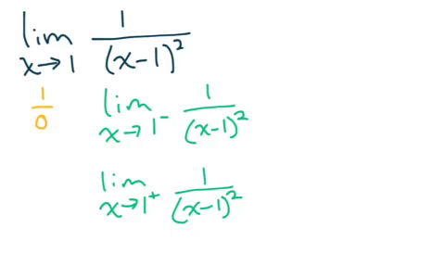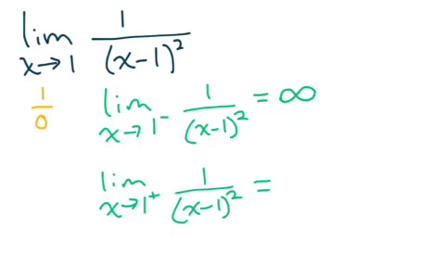And in this case, if we think about a number to the left of 1, when we plug that in, let's say we just go with 1/2 for now. 1/2 minus 1 is negative 1/2, but when we square that, that becomes positive 1/4, and we would get 4. So since (x minus 1) squared will always be positive no matter what, we could say that the limit from the left is going to be positive infinity, because 1 divided by a really small positive number is going to be positive infinity.